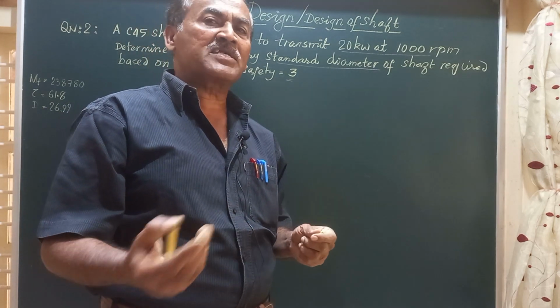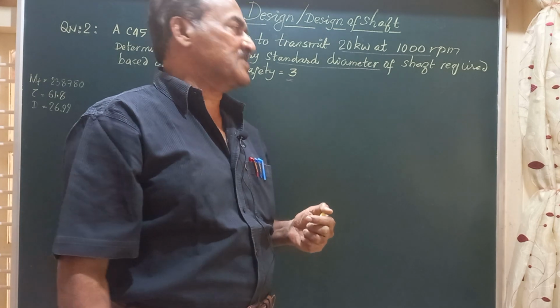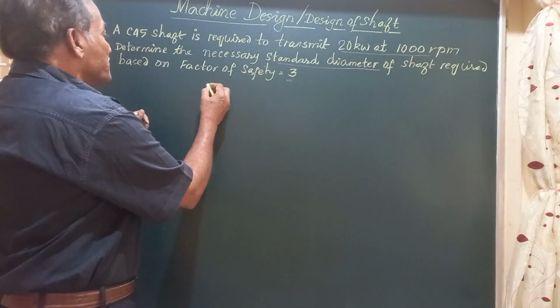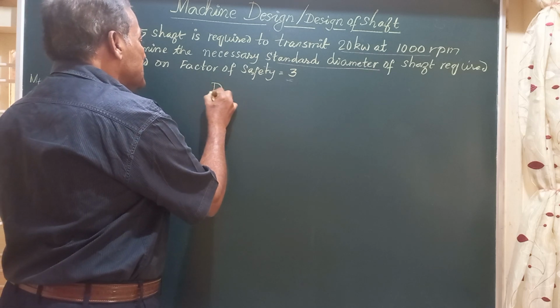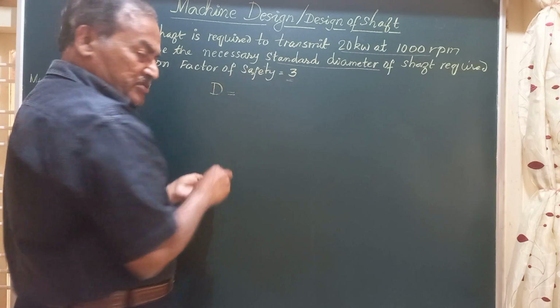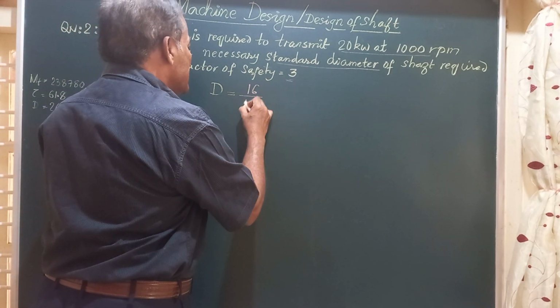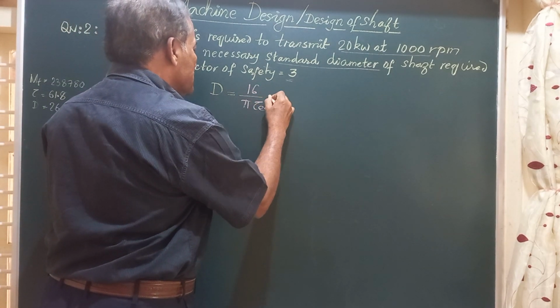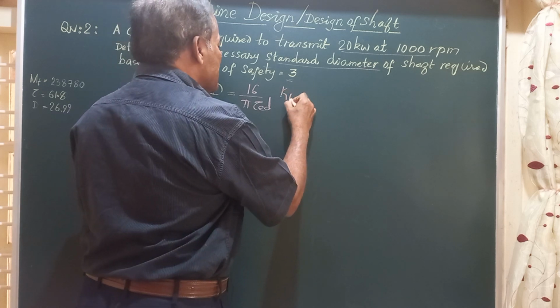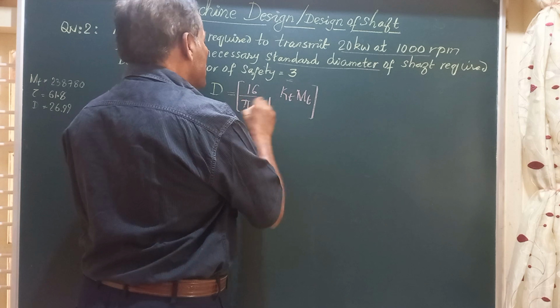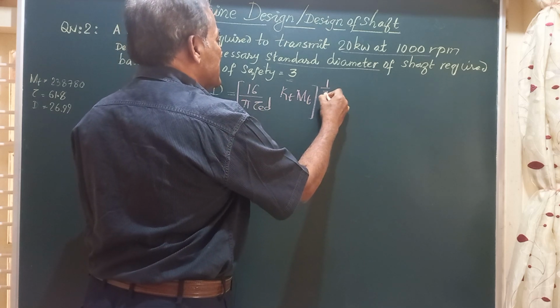And hence, based on the maximum shear stress theory, the diameter of the solid shaft is given by D equal to 16 over pi into tau vd, kT MT, whole thing to the power of 1 by 3.